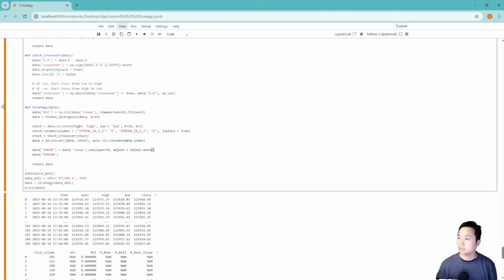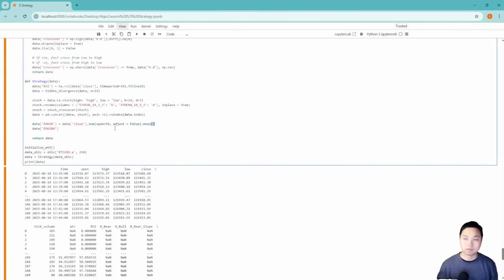You complete the calculation and everything is stored as EMA 50. Adjust equals false simply means that if adjust equals true, pandas normalizes the weights across all past data.